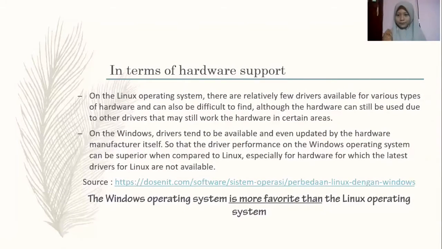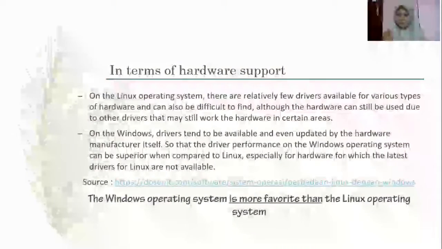On Windows, drivers tend to be available and even updated by the hardware manufacturer itself, so the driver performance on the Windows operating system can be superior compared to Linux, especially for hardware for which the latest drivers for Linux are not available. The Windows operating system is more favored than the Linux operating system.